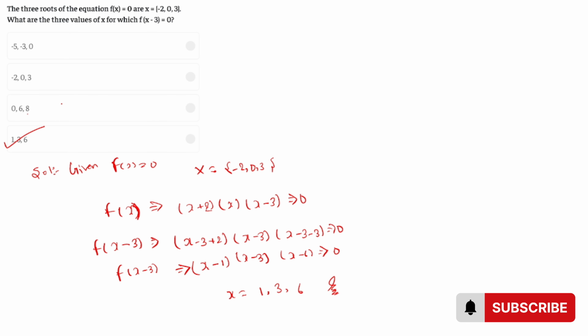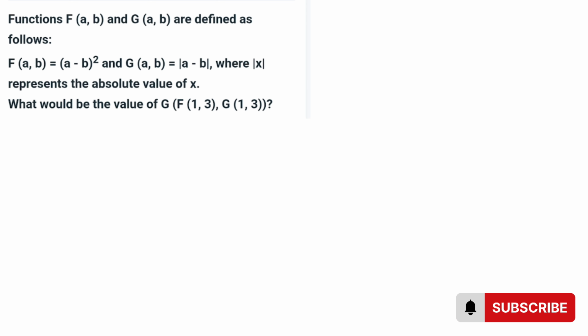First watch this video and solve on your own, and then see the solution. In the next question, it is given that the function f of a, b is equal to (a minus b) whole square and g of a, b is the mod of a minus b, where mod x represents the absolute value of x.